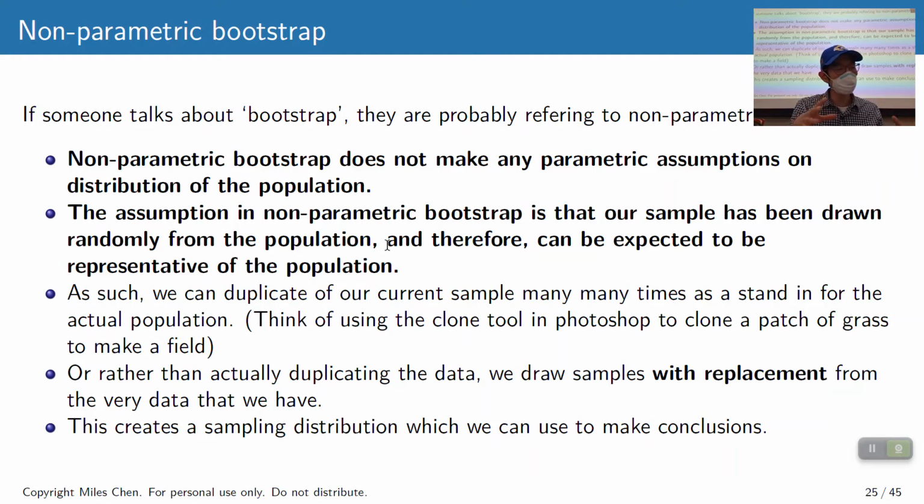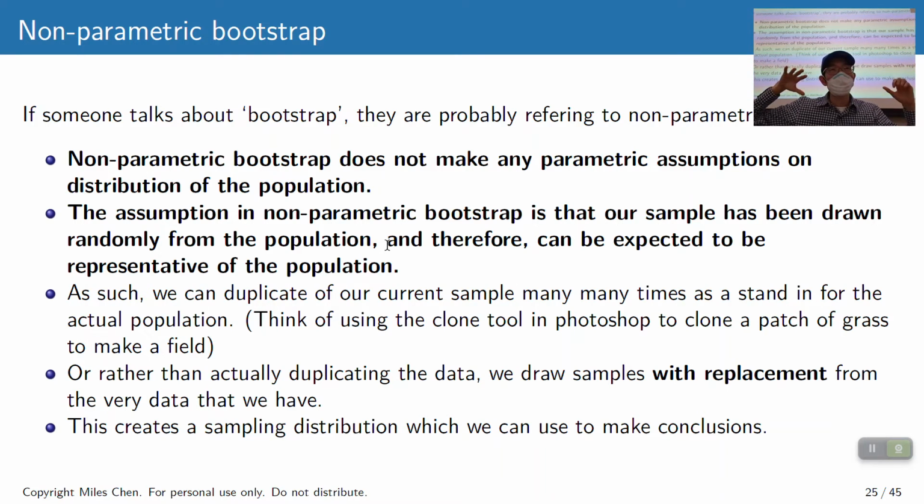We're going to say the sample I have is randomly drawn, and therefore it is representative of the population. And if it is representative of the population, then I can simulate the population by taking my current sample and just duplicating it infinitely many times, or just a whole bunch of times, and this is now going to create this kind of pseudo population.